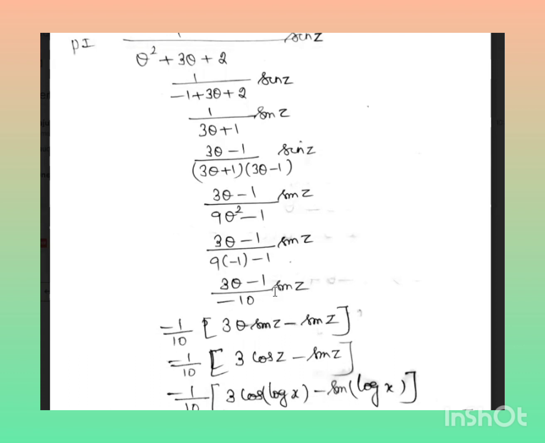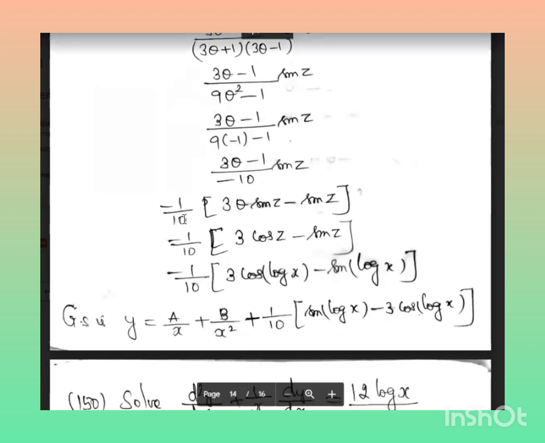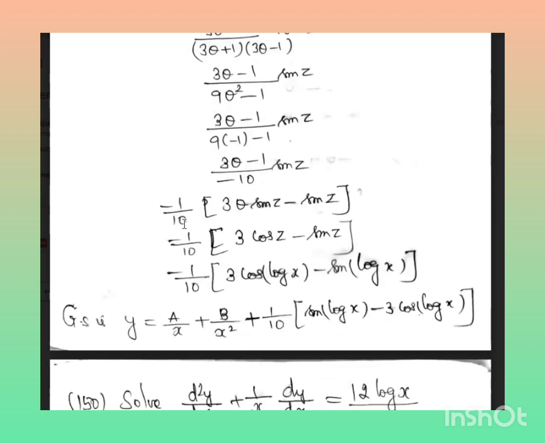If you add these two, you will get minus 10 into sin z. So 3 theta minus 1 divided by minus 10 into sin z. Minus 1 by 10 you can take as common. 3 theta minus 1 into sin z can be written as 3 theta sin z minus 1 into sin z. So minus 1 by 10 into 3 theta sin z.